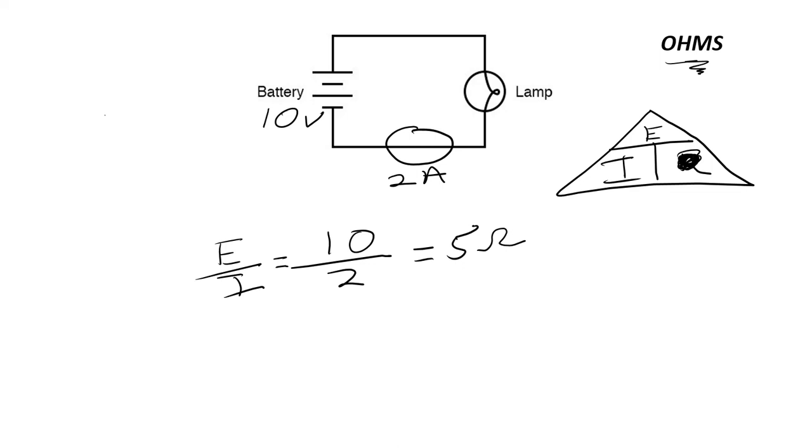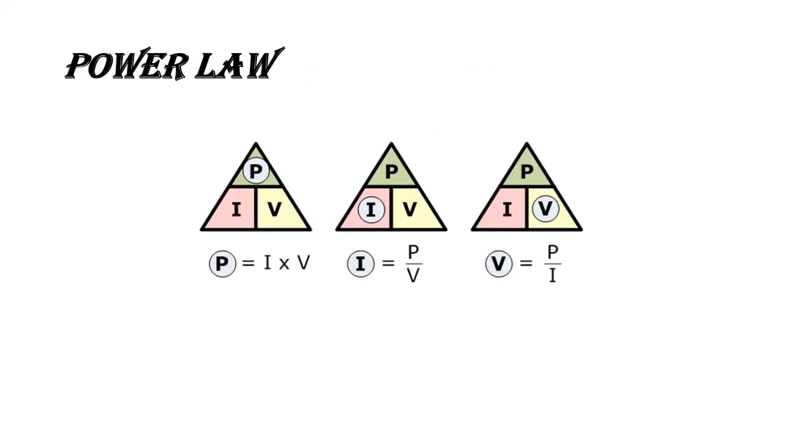So let me scroll down a little bit. All right. Power law. It is exactly like Ohm's law. Ohm's law was what? V equals I times R. This one's the same idea.